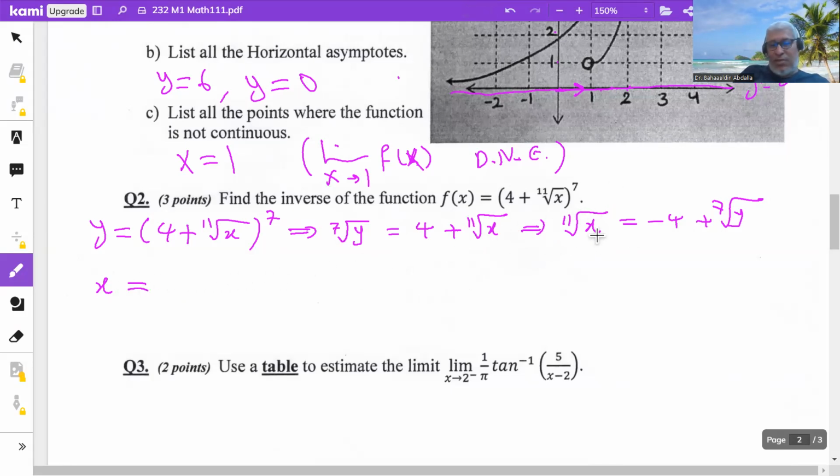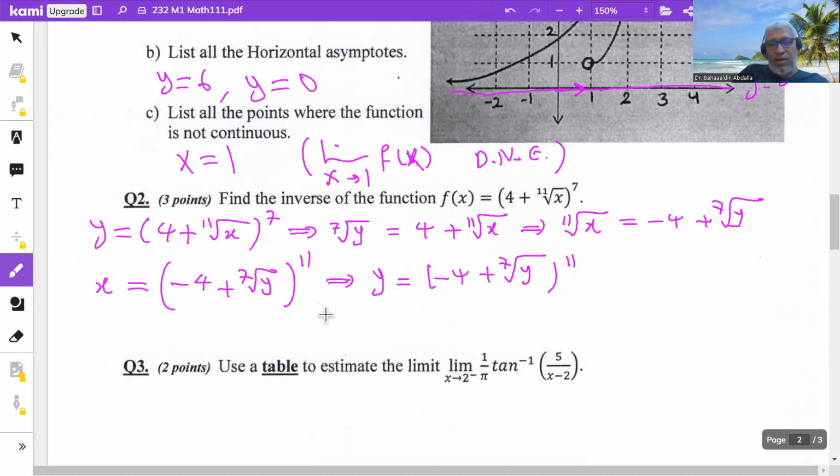When I raise the 11th root of x to the power 11, they cancel each other and I get x. On the other side, I'll have negative 4 plus the 7th root of y, raised to the power 11. Now we solved the equation for x, so we just interchange y and x.